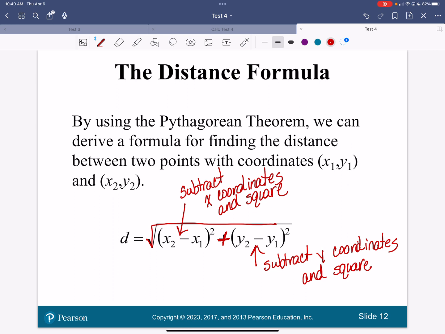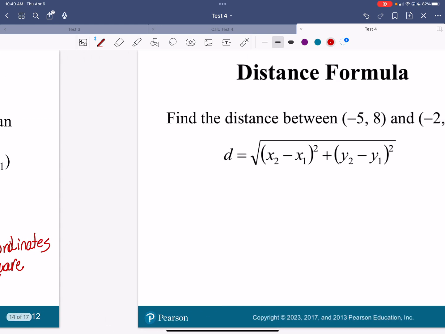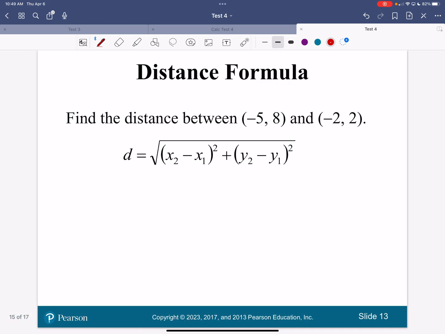So let's look at this. Okay? So what we are looking at is we are going to find the distance between these 2 points. Okay? -5, 8, -2, 2. This is my x coordinate.